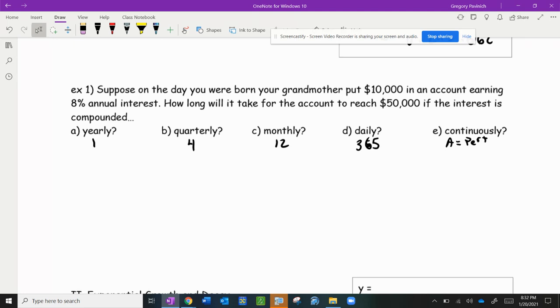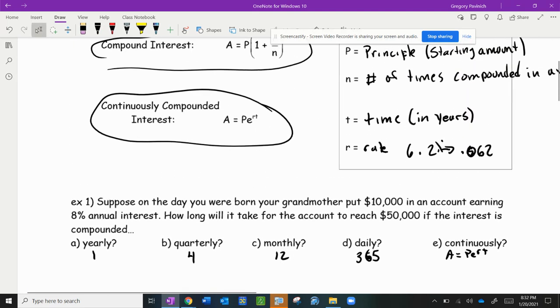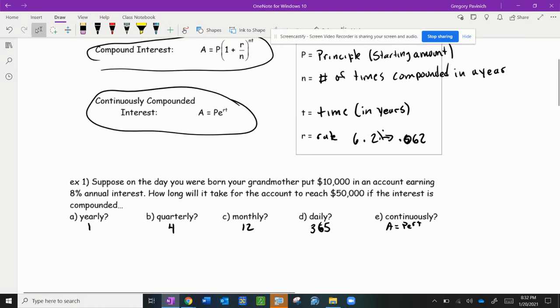Okay, so you're just going to work this out. You write out the equation of the compounded interest and fill it in. How long is it going to take to get 50,000?